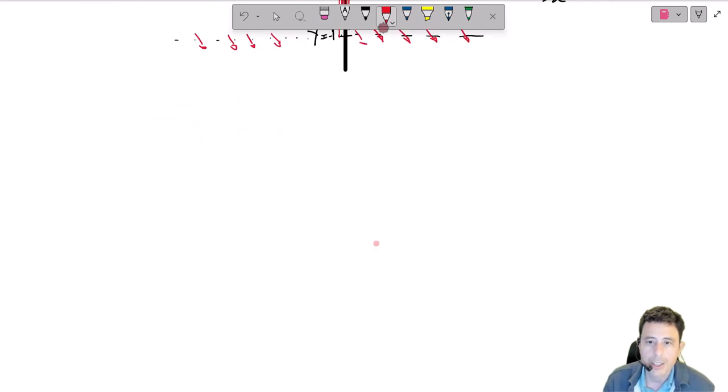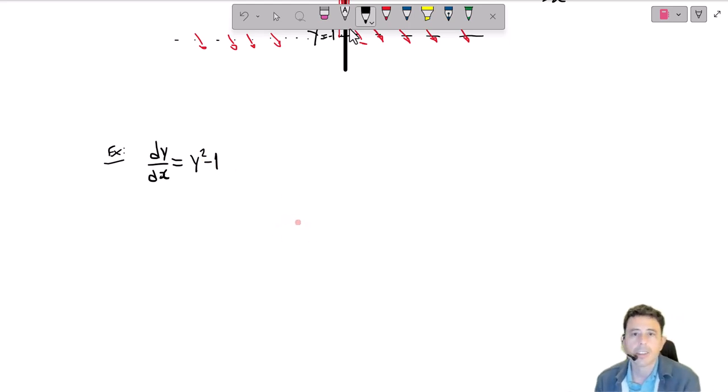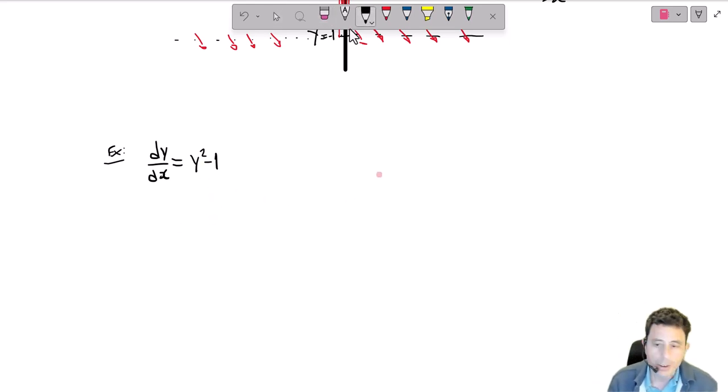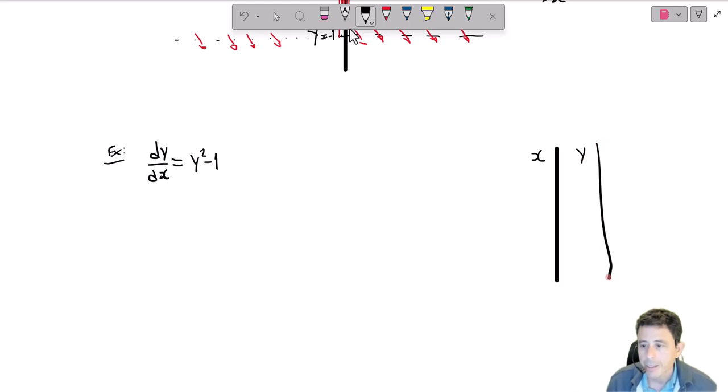All right, let's take a look at one example. Here is dy/dx equals y squared minus 1. This is an autonomous ODE. Why? Because the derivative is in terms of y. It doesn't have any x in there. Let me make a little table here and see what happens.